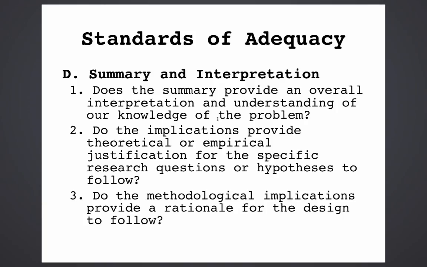And it should point the reader towards where you're going in terms of methodology. The literature review will give a hint as to the methods that might be utilized, because you'll have identified problems with existing methodology, and in doing so, set yourself up to address those problems. So the methodology will logically flow from that.